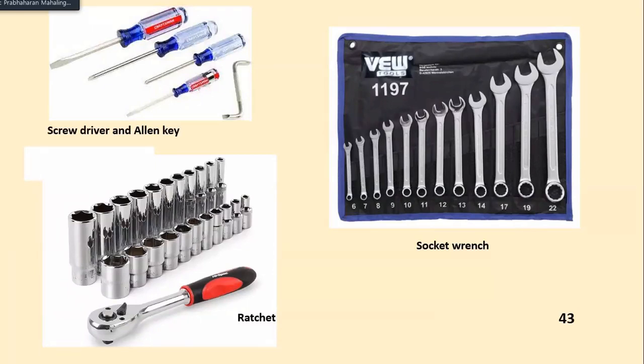Right, 14. Up to 14 you can go. Therefore, we can have 13 to 14 spanner for a push bicycle. So you had better have 13 and 14 in your house. Sometimes 15 and 16 you can have.